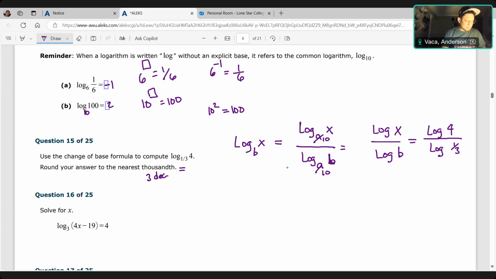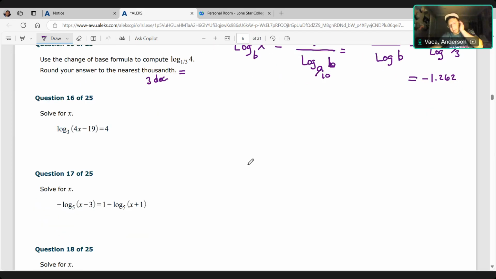Make sure you're using your calculator correctly, and we get negative 1.262. Moving on to the next example, it seems like we're now solving some sort of logarithmic equations.